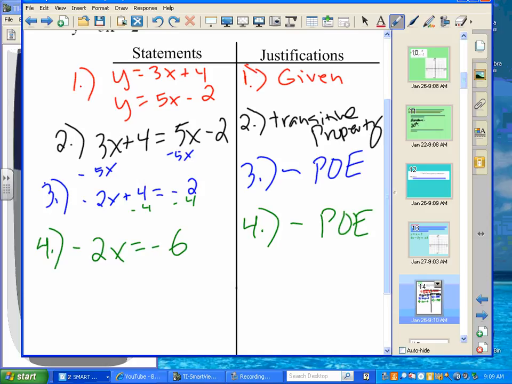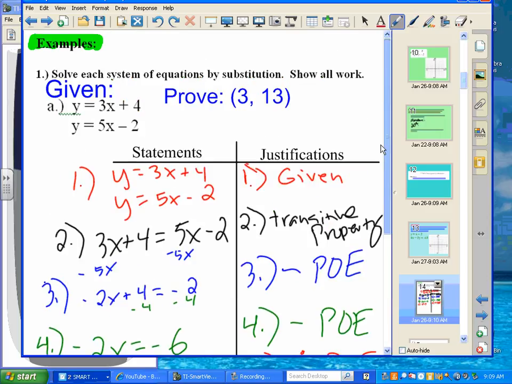Haley L., next step would be, good, divide both sides by negative 2. So we'd have x equals 3. This is division PO. Remember, you're doing it on both sides, and it's an equation. All right, so we proved that x is 3. How do we prove y is 13? John?